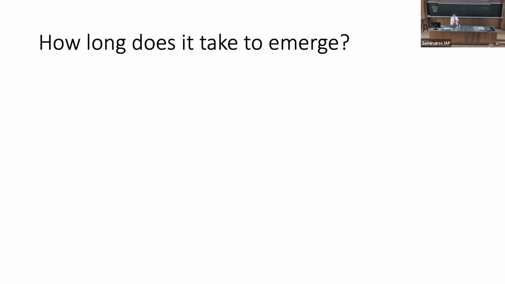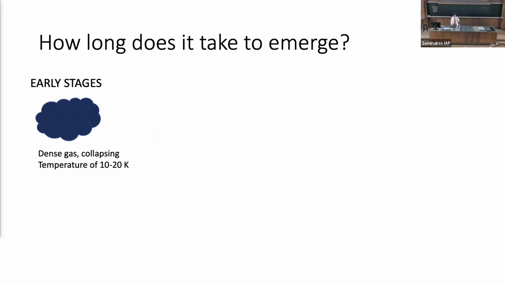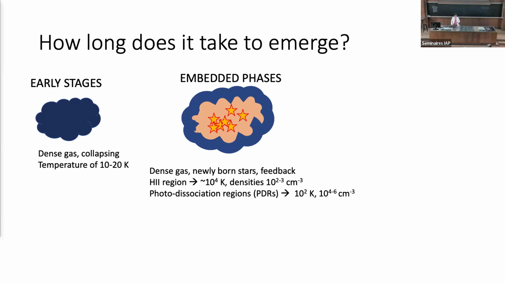So let's look at the question: how long does it take for a star cluster to form? And I talk about star clusters, telling clustered star formation, because we know that turbulence is creating these clustered regions where stars are forming. So we are looking at the early stage, usually with ALMA, we look at these dense clouds, and we know that they are collapsing or in a stage that they will start collapsing.